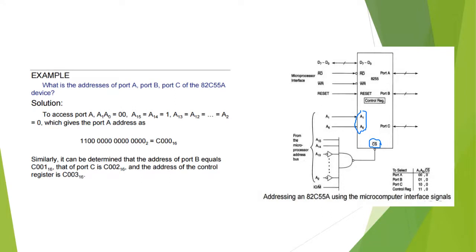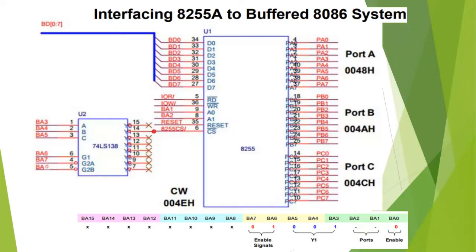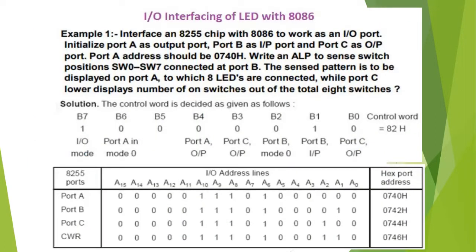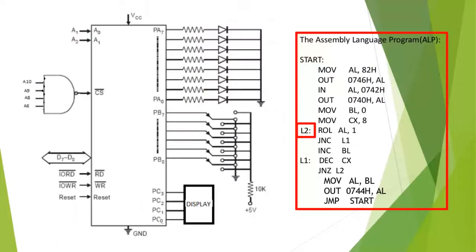They are the variables. The chip select signal is fixed, while A0 and A1 are variable, and they are responsible for determining the addresses. We discussed in class how to find the address.